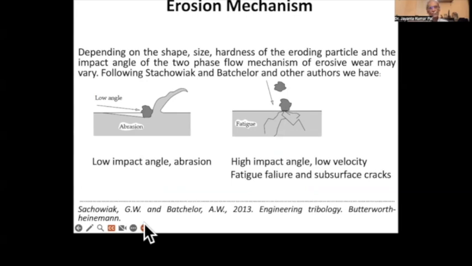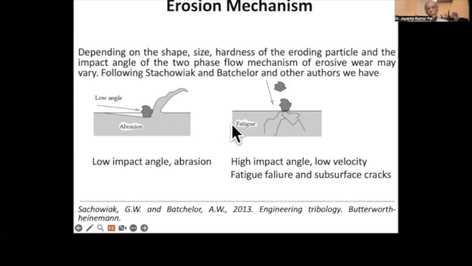Here, depending on the shape, size, and the hardness of the eroding particle, the impact angle and the other two-phase flow parameters, the mechanism will vary. If we look at the first picture here, the impact angle is low, and since the impact angle is low, the particle is coming and hitting the surface and taking some chunk of material out, like this, as you can see. So this is an abrasive erosion.